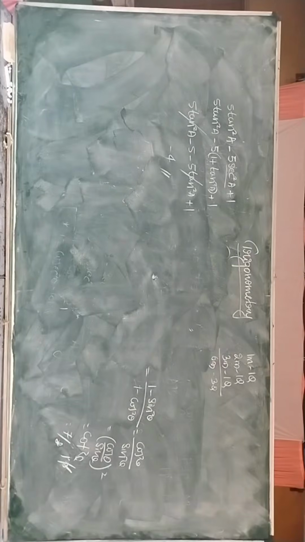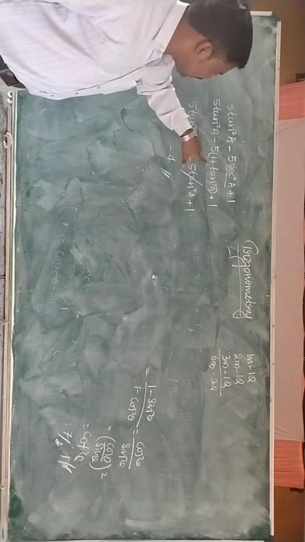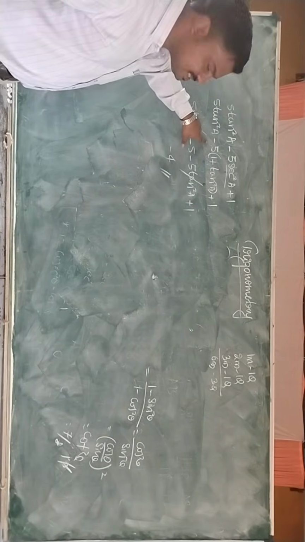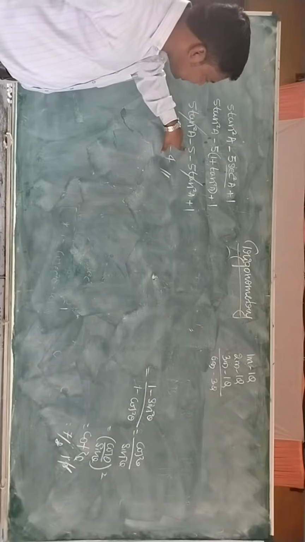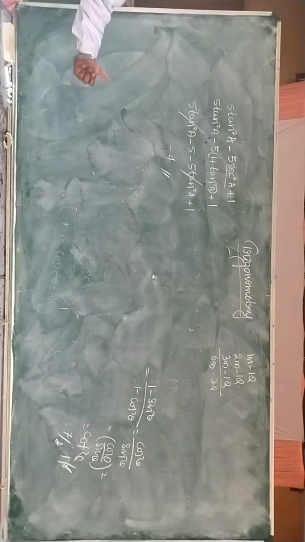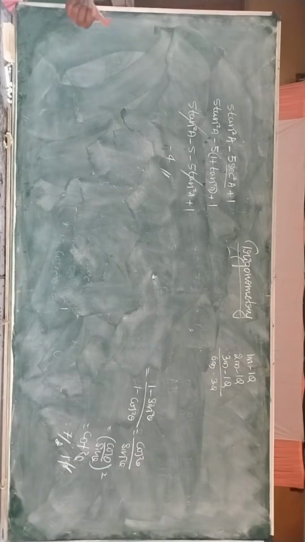Sec square theta. So in place of sec, we have to take 1 plus tan square. Yes, sir, your minus is there. Minus 5 on the minus 5 because our side is minus. So the answer is minus 5. Who got this answer? No one. Very good. Yes, next.